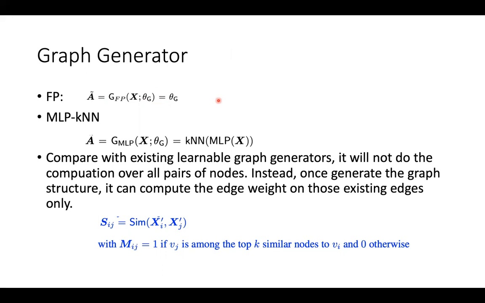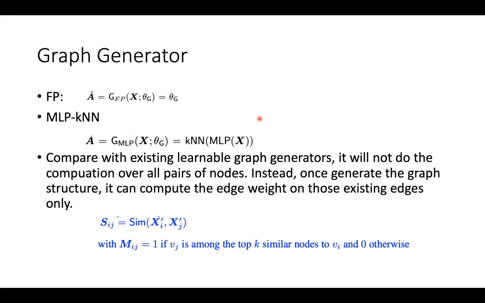And the second method is what we see in the previous paper. It's just based on inferring the graph structure from the node features, for example, the MLP of X. But different from the previous approach where it needs to compute all pairwise node interaction, here they combine the KNN methods with this MLP.